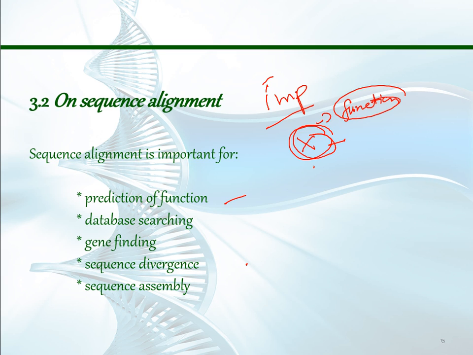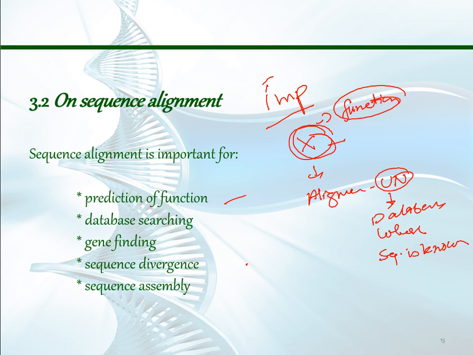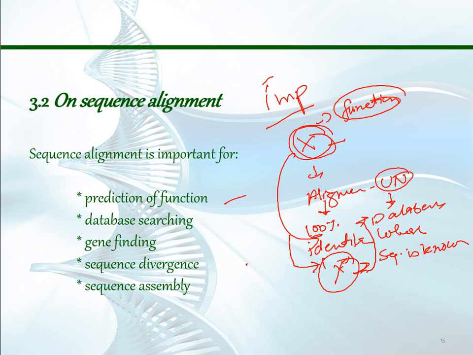So we have to align this unknown sequence with a database whose sequence is known. Suppose after alignment we found 100% identity. So we can easily say that this unknown X gene can do the same function as this Y gene, whose function is registered in the database.